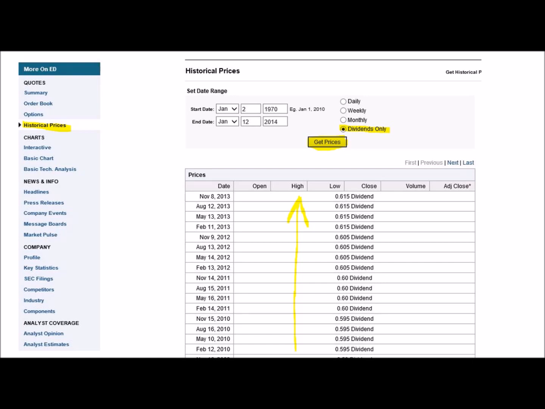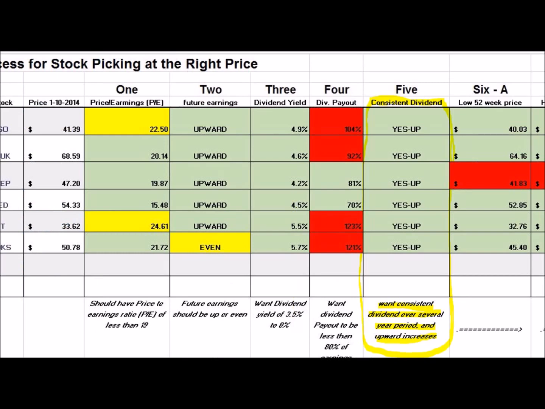If you've only got 1 year of dividends to look at, or it's not consistent, it may be a stock you want to stay away from because you can't rely upon the dividend. In this case the dividend is consistent, so in column 5 we say yes, it is, and it goes up. So we're in good shape there. We want a consistent dividend over a several year period, and we want an upward increase in dividends.